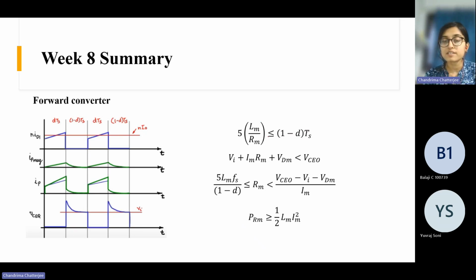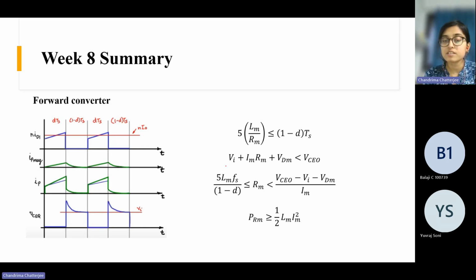So that should be less than or equal to 1 minus dTs. So you have to select the duty ratio accordingly so that this 5 tau should be less than or equal to 1 minus dTs. This time is required for core resetting.